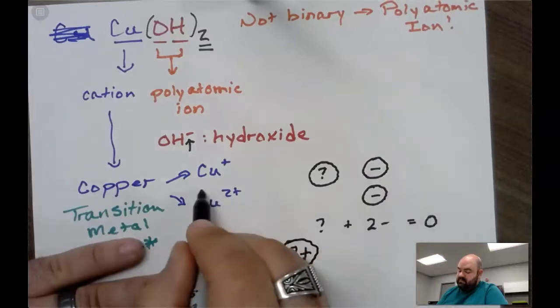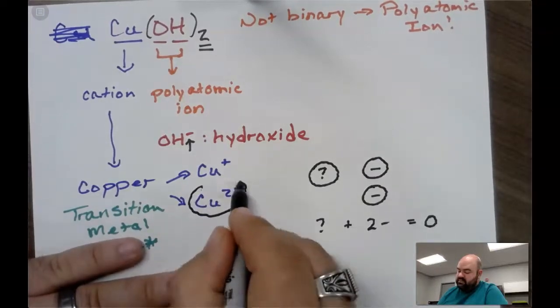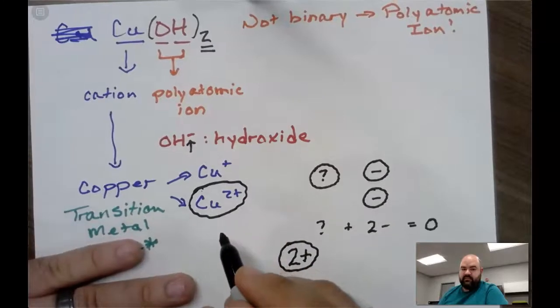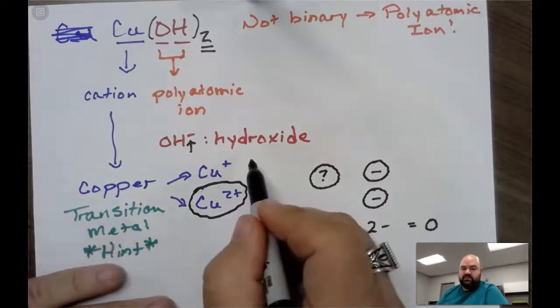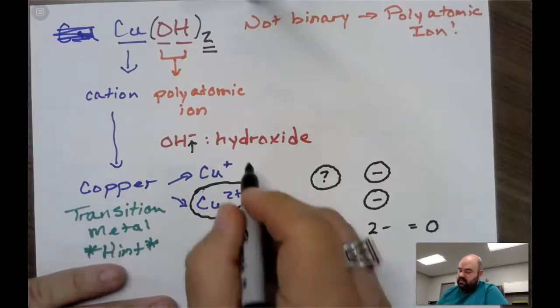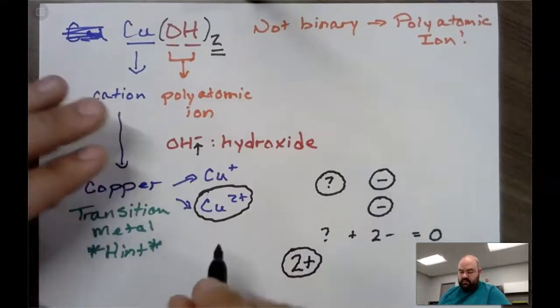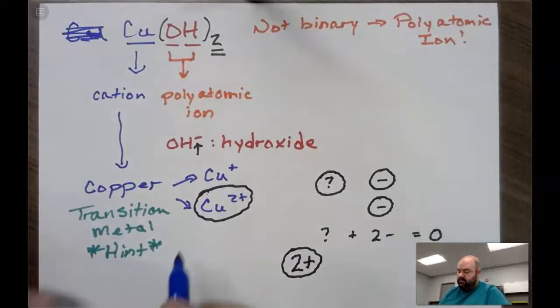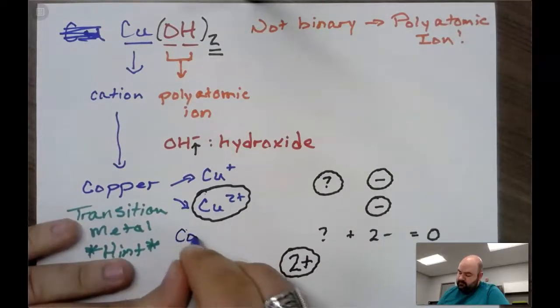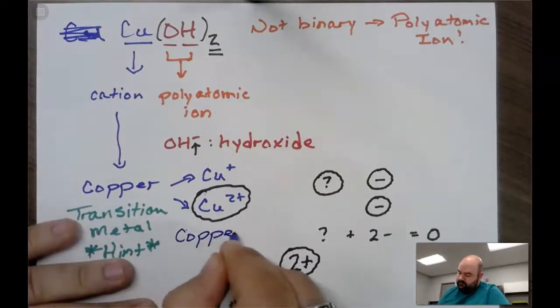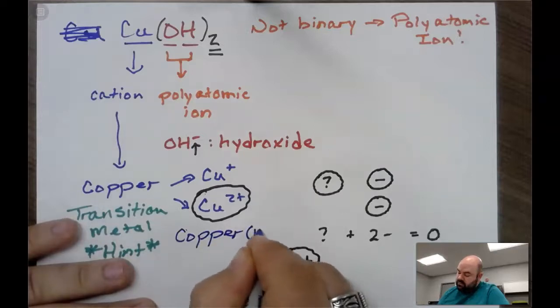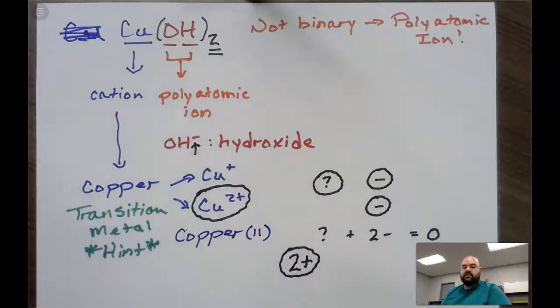That means I have to have used copper 2 plus, so it's copper 2, and I use the Roman numeral to show that it's copper 2.